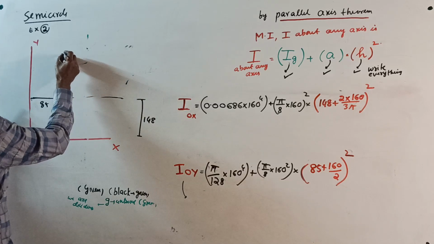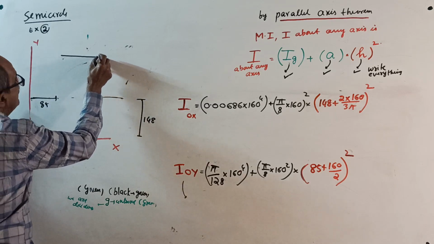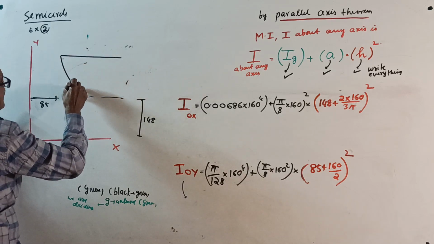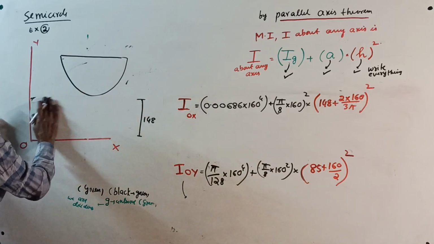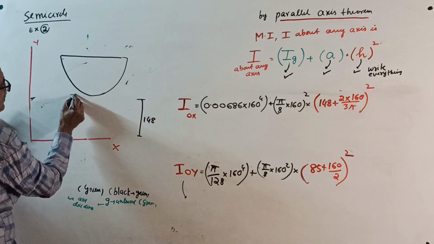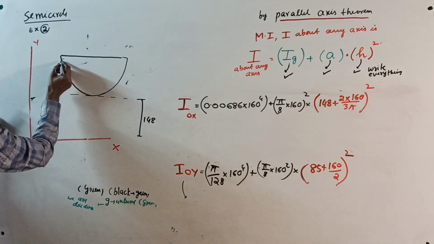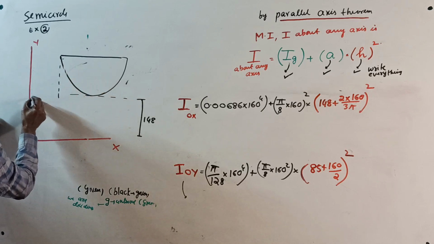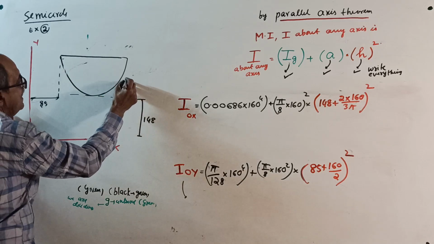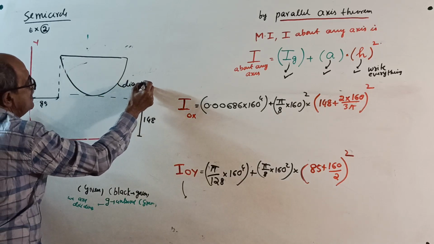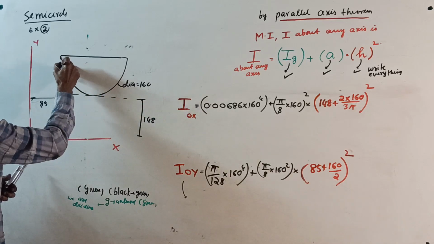Diameter is 160. This way a semicircle. Somewhat 85. Adjust it. From here it is 85 up to here. This is 85. Once again I am telling, diameter is 160. See, start the semicircle this way.